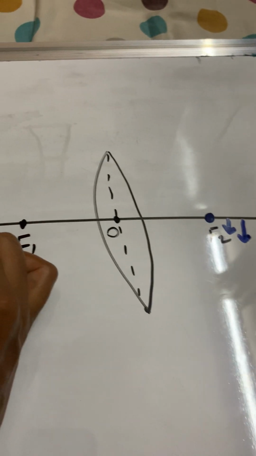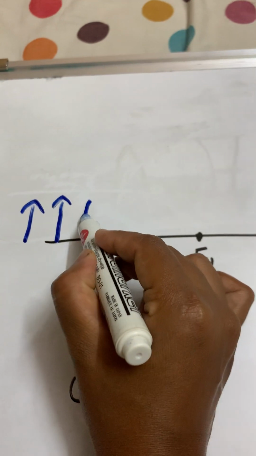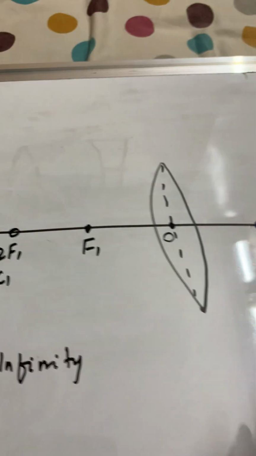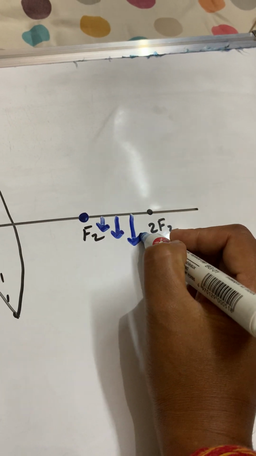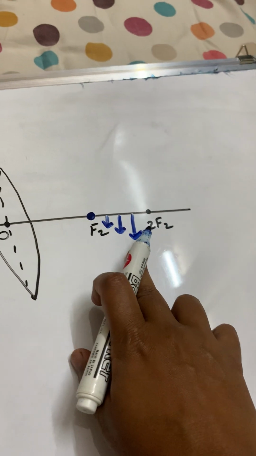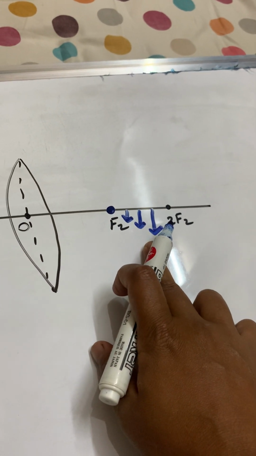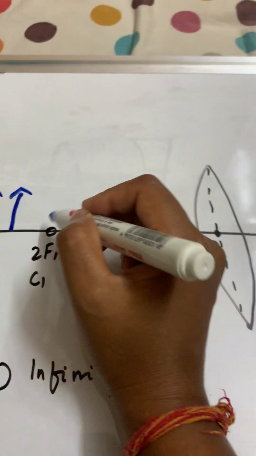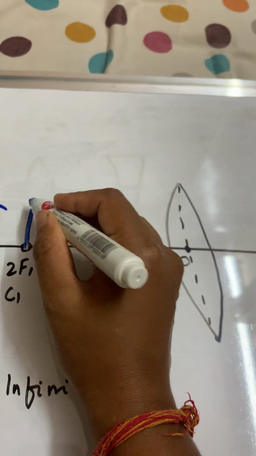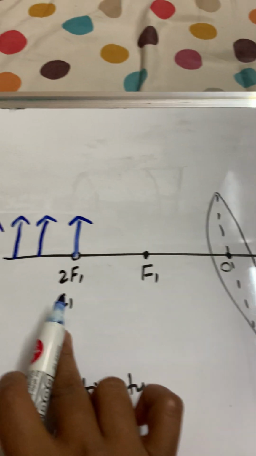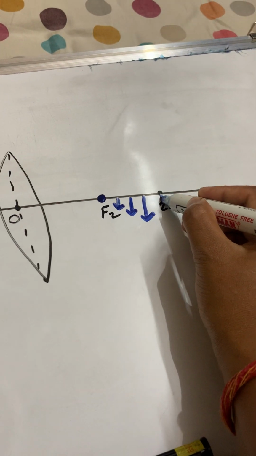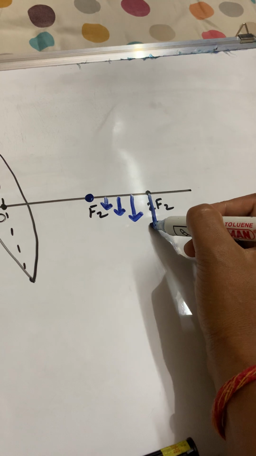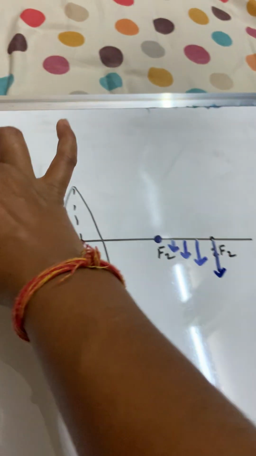You bring it further here, nearer, still the image is shifting away, with an increase in size. All the time you see the size increases as compared to the previous. And when the object is exactly at the center c1, the image should be at c2, same in size.